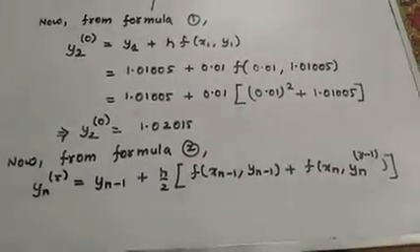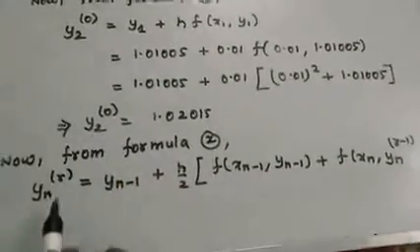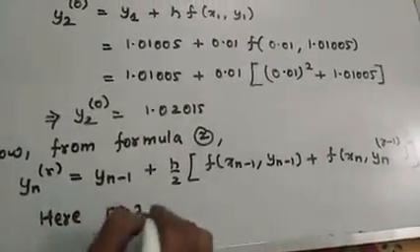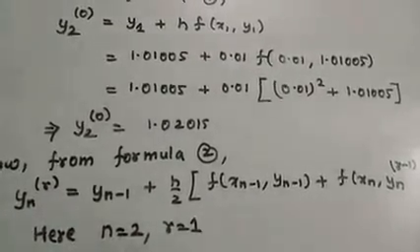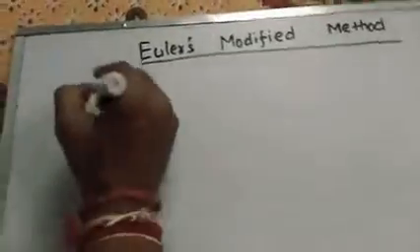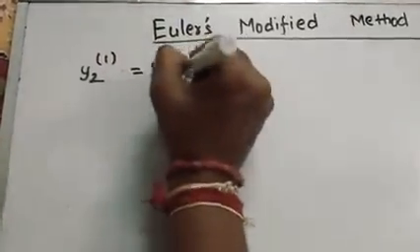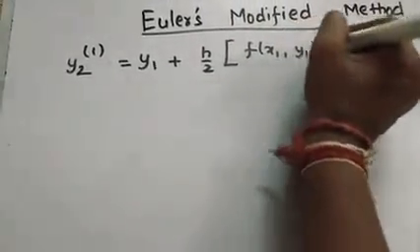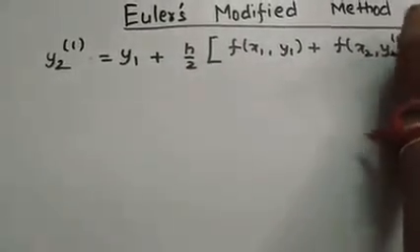Now for y2, n will remain 2, and to modify it we put r equals 1. So putting n equals 2 and r equals 1, we get y1 plus h by 2 times f of x1 comma y1 plus f of x2 comma y2 of 0.